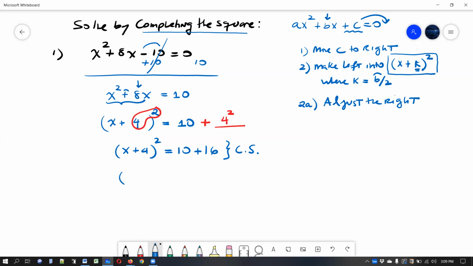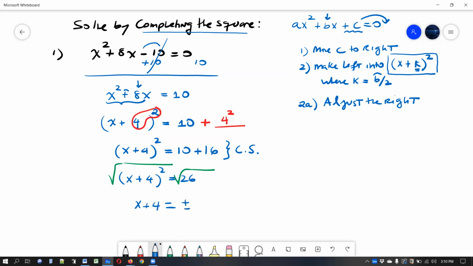Now that we're here, notice that this is identical to the problem before. All I have to do is apply the square root property now. When I do, I get x plus 4 on the left.